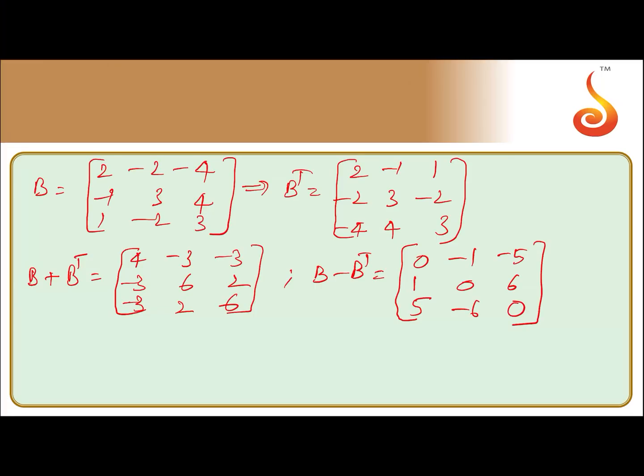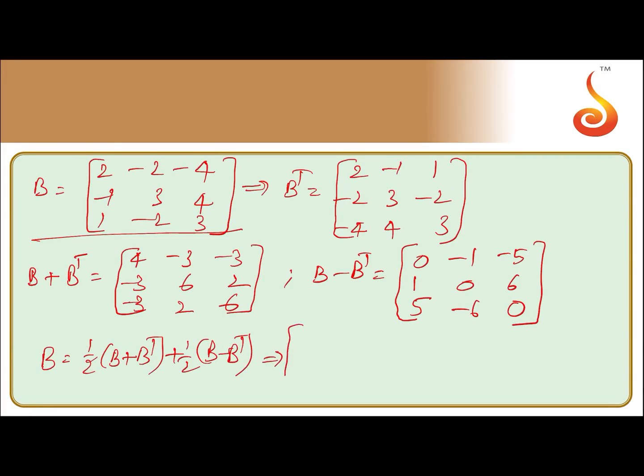Clearly, we can see that the matrix B can be replaced by half of (B plus B transpose) plus half of (B minus B transpose).